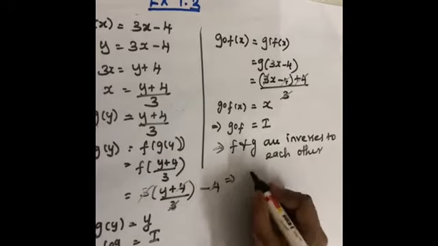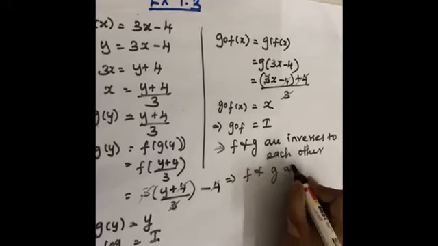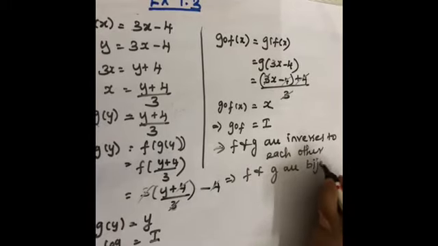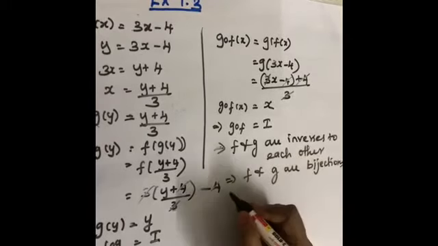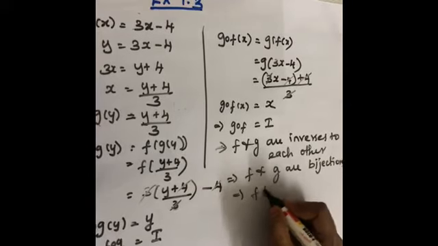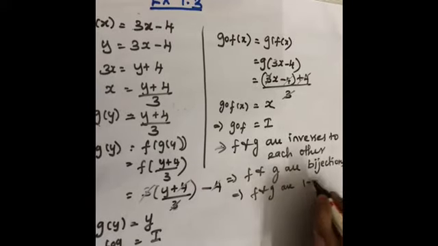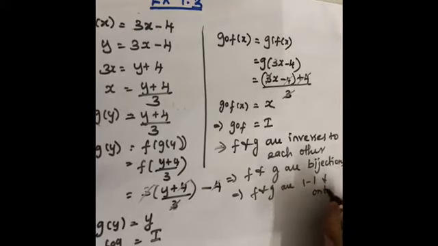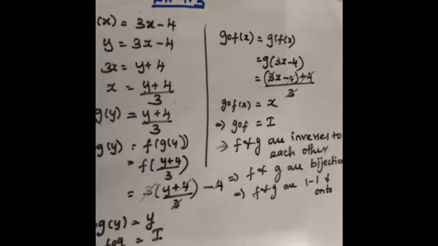That implies f and g are bijection. Bijection means the two functions are onto and one-to-one. So, we have proved that the inverse is also a function. We have to write the inverse function now.